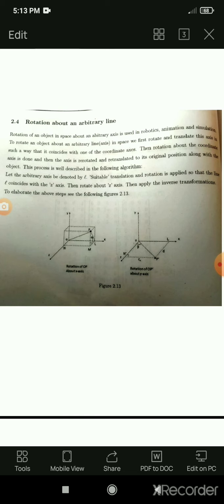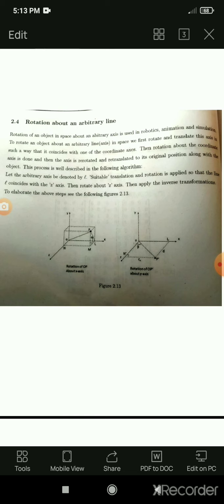Then rotation about the coordinate axis is done, and then the axis is re-rotated and retranslated to its original position along with the object. This process is well described in the following algorithm.